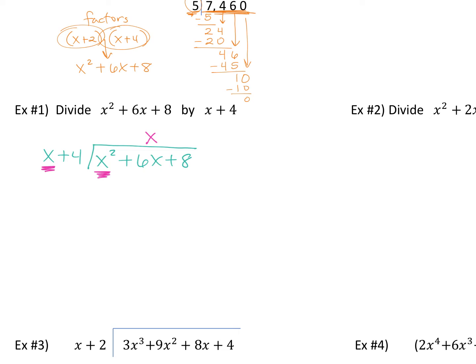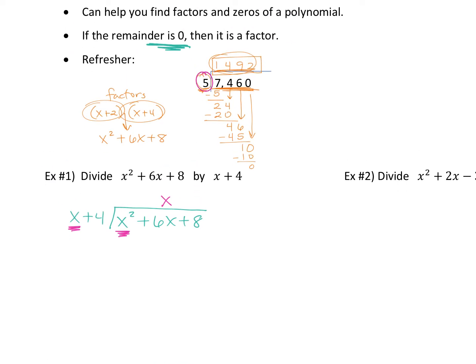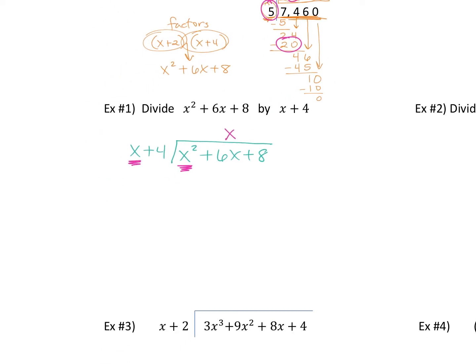Okay, now here's what you do. Just like we did up top, you take the number out in front and the number on top, and you do what with them? We did 5 times 4 is 20, right? So we're gonna multiply them. We're gonna essentially do x times x plus 4. You don't need to show me all this work. I'm just showing you what I'm doing. You can do it in your head.